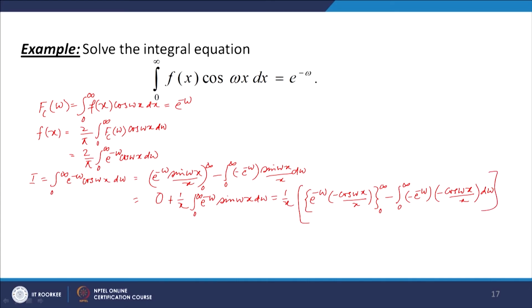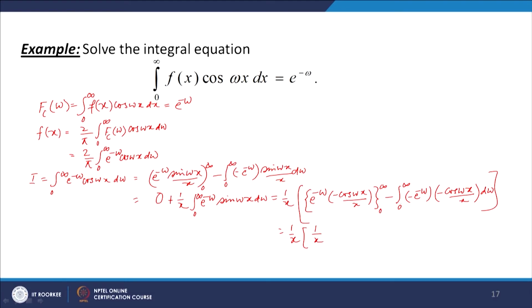Now when omega goes to infinity, e to the power minus omega goes to 0, cos omega x is bounded by 1, so the product goes to 0, and when we put the lower limit omega as 0, this is 1 and this is minus 1 over x, so we get plus 1 over x.